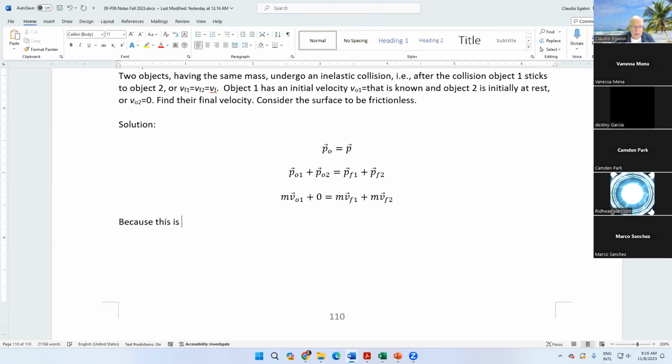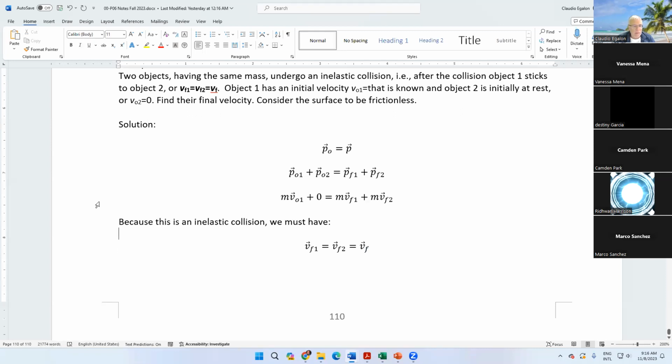Because this is an inelastic collision, we must have, just like I mentioned here, right? We must have it like that.